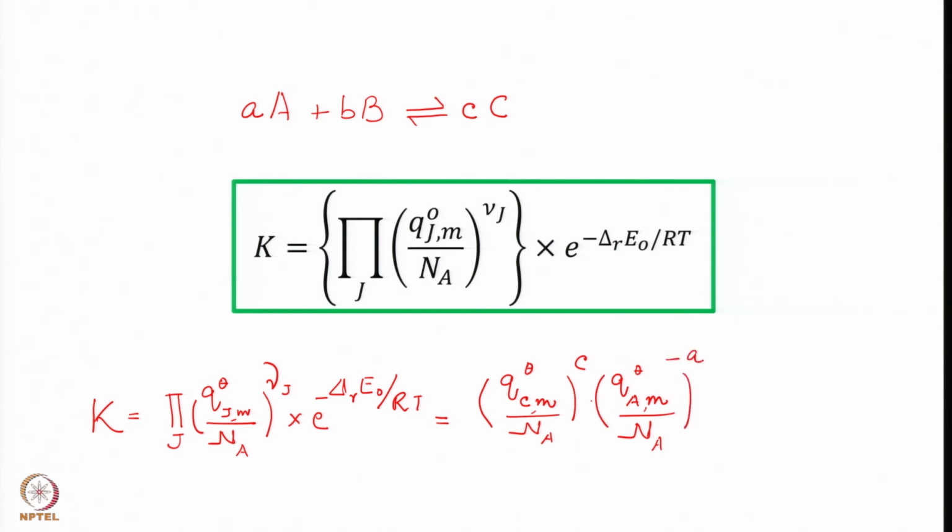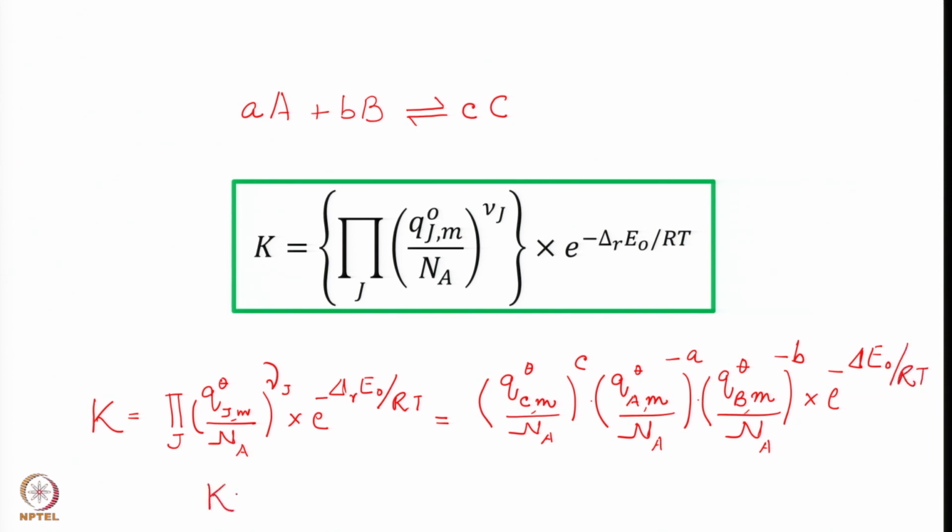Pay attention to this. I am putting a negative sign because A is a reactant, into Q_B,m naught by N_A raised to the power minus b, again because B is a reactant, then into exponential minus delta E naught by RT.